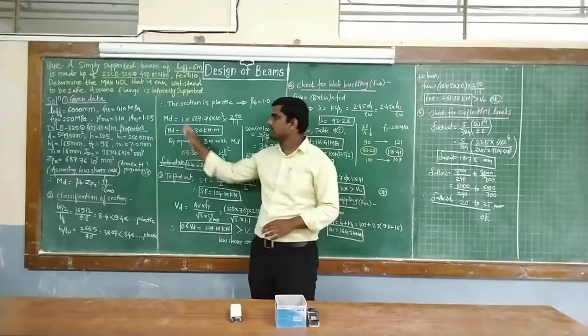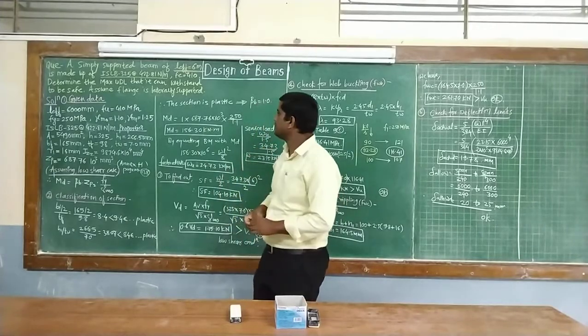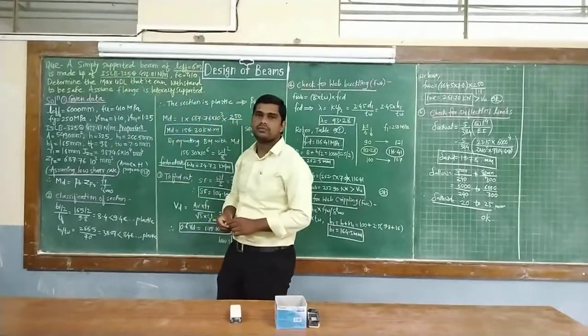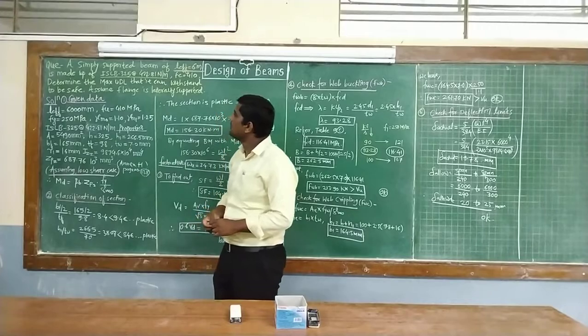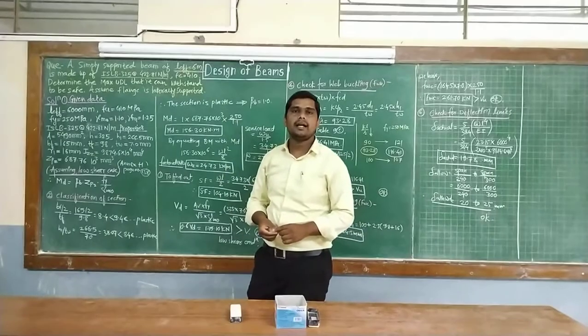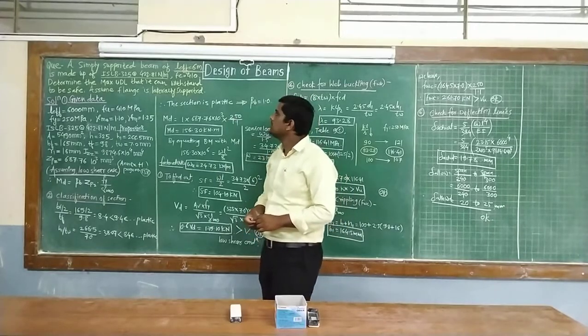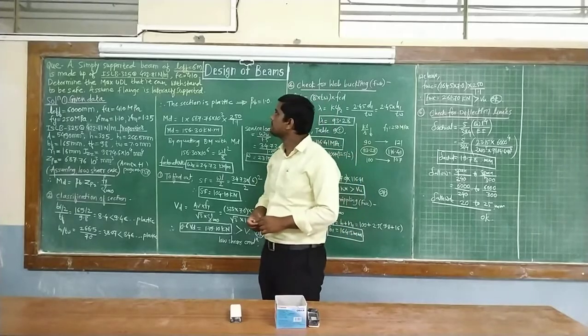Starting with the first design of laterally supported beam. Statement: a simply supported beam of effective length 6 meter is made up of ISLB, the Indian standard light weight beam, 325 at the rate of 422.81 Newton per meter.